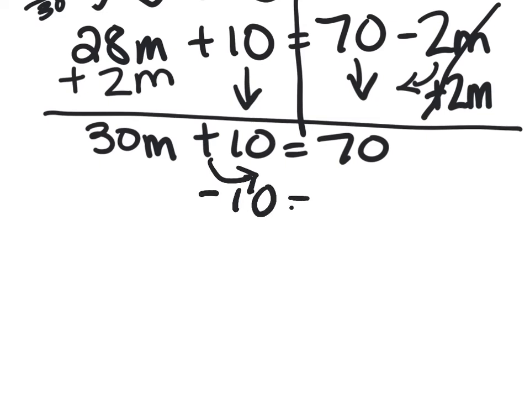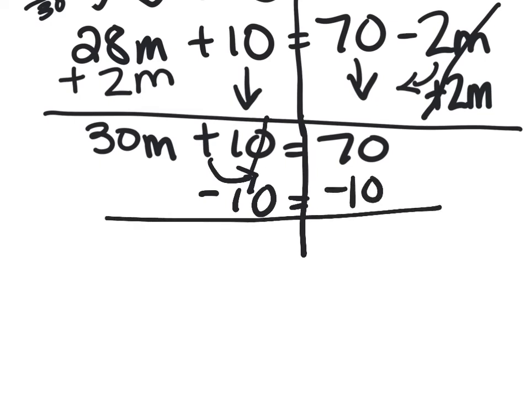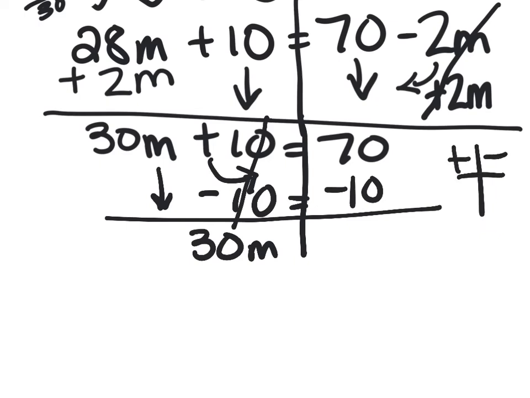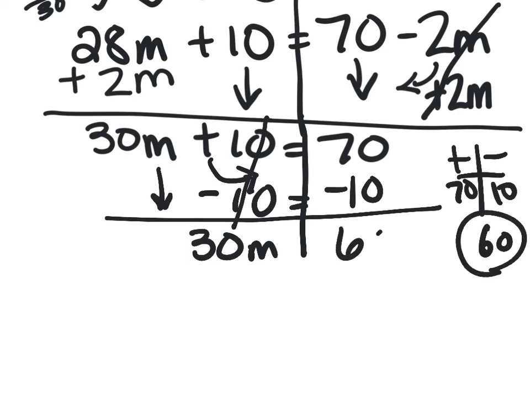So inverse operation, subtract 10 on each side. This is going to eliminate, and I'm going to have 30m and 70. If I have 70 on this side and 10 on this side, I have to subtract them, and it's going to be 60 positive.